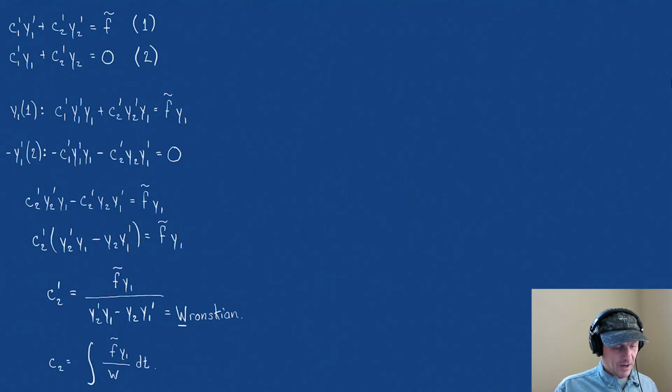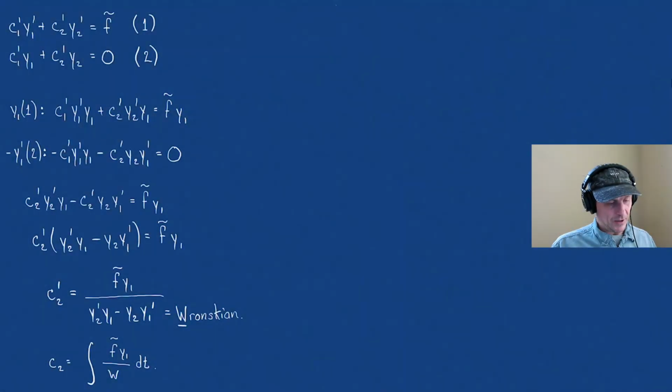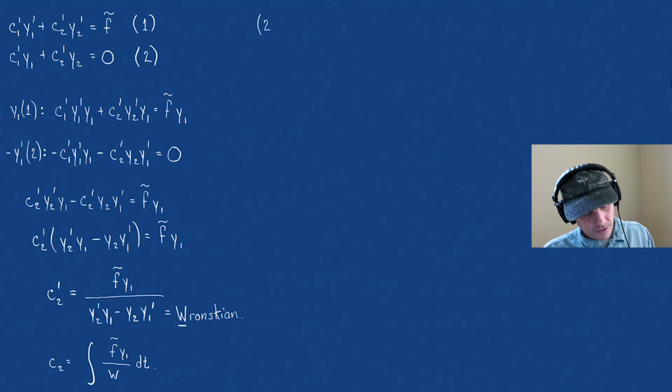And now I can use all of this to go back and find C1 as well. So let's substitute that back into equation 2. It just looks easier because we have a 0. So we're going to use equation 2 here.